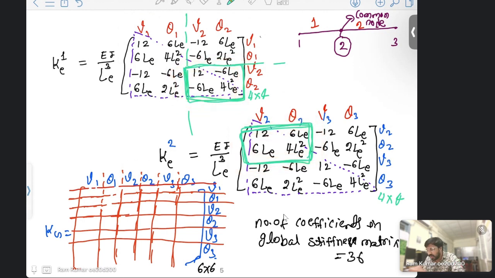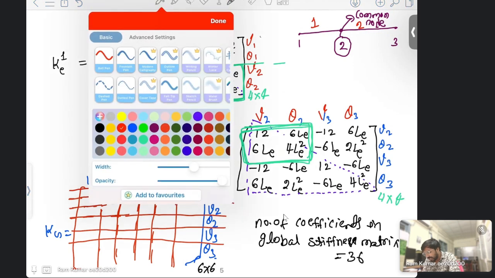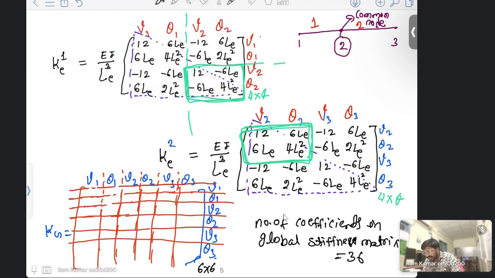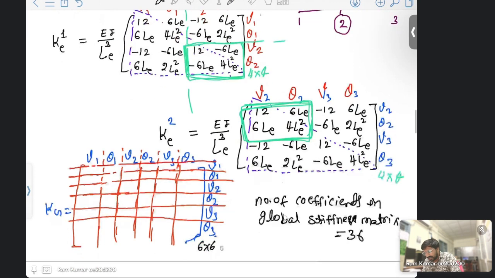Okay, now I'm going to assemble and add these two matrices. What will it look like?